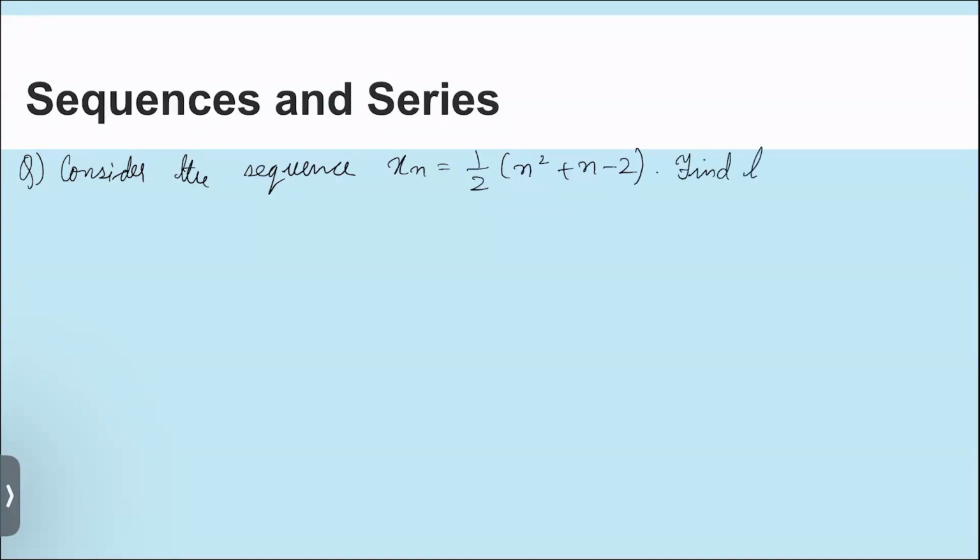Find the next two terms where xn is 0, 2, 5, 9.